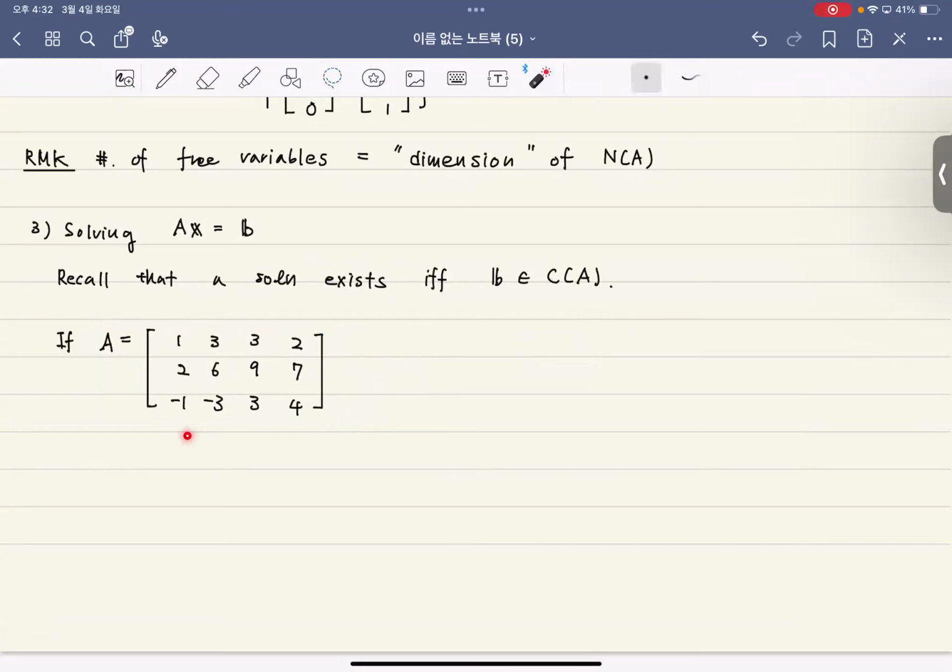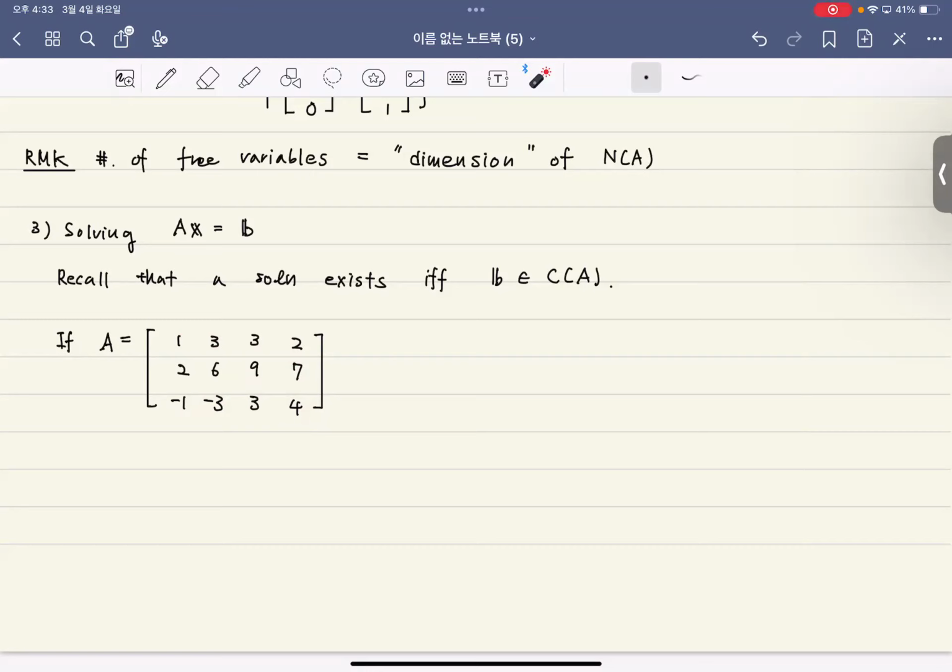Suppose that this is my matrix A, and let me say I have a column vector b, which is, say, maybe 1, 2, and 3. Now, how do you know the column vector 1, 2, 3 can be written as a linear combination of these 4 column vectors? Can you see this? No, at least for me, I cannot.